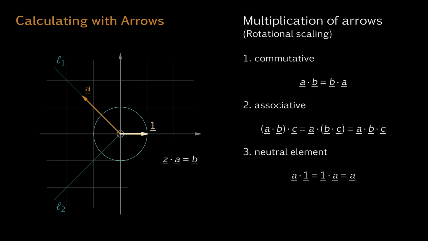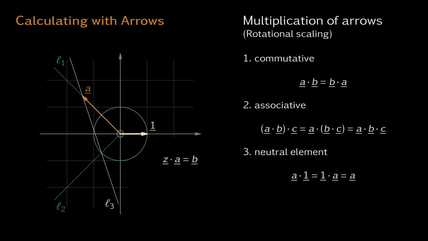Now we need the length of the inverse element. To multiply A with its inverse element, we first draw the line L3 through the head of A and the intersection of L2 with the unit circle. We would now parallel shift a copy of L3 to the head of the inverse element, which we still don't have. But the result of this parallel shift would be an intermediate arrow in the direction of A with the same length as our product.